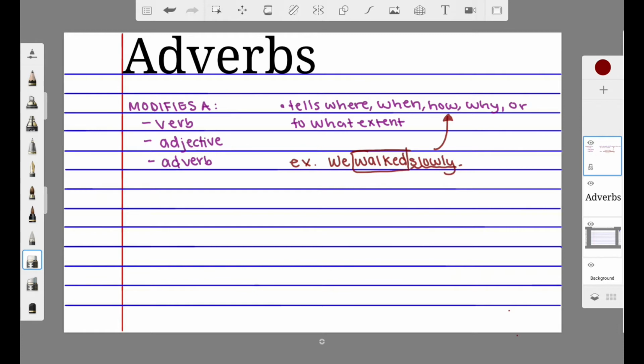So a common misconception is that for a word to be an adverb, it must end in -ly. Many adverbs do end in -ly, but that doesn't mean that just because a word ends in -ly it's an adverb, or that if it doesn't have the -ly ending, it's not an adverb.